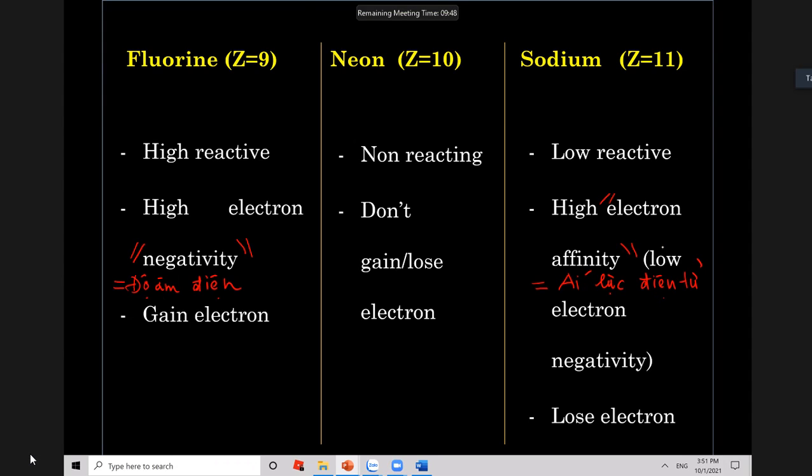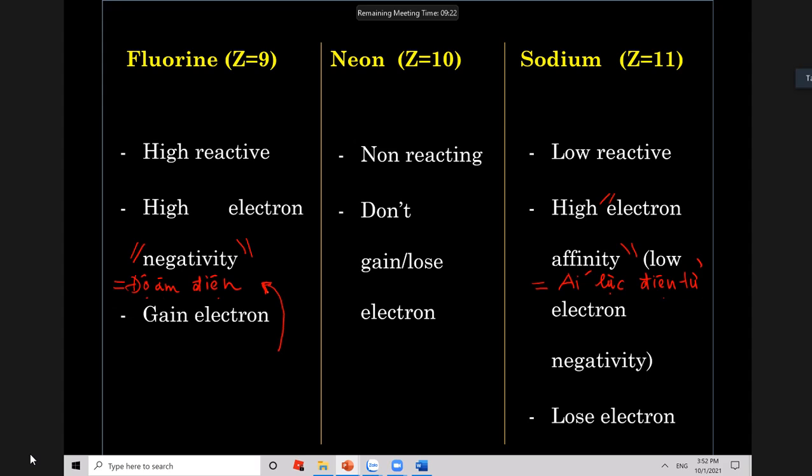Thằng sodium này nó có ái lực điện tử rất cao nên là high electron affinity, độ âm điện. Fluorine là độ âm điện. Độ âm điện thấp, ái lực điện tử cao. Thằng này nó mới có ái lực điện tử cao chứ nhỉ?